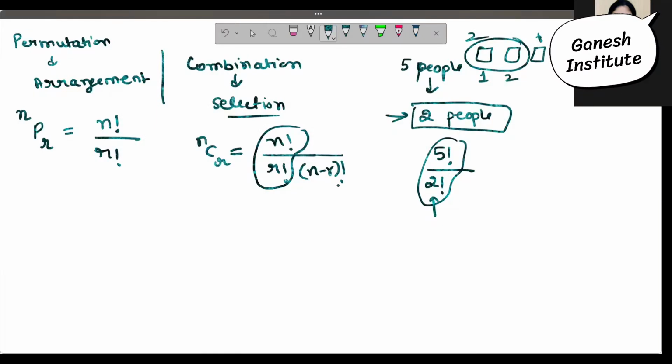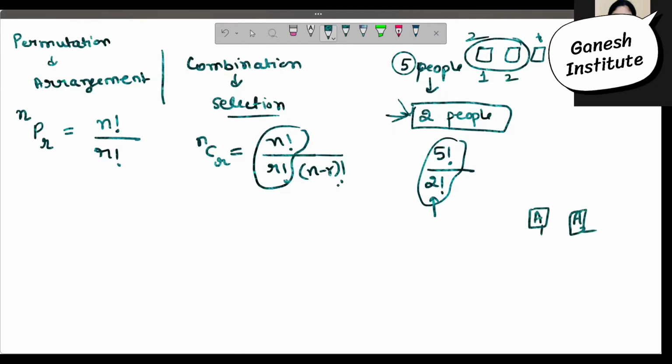You need to choose 2 people out of 4. But it also involves arrangement of those two, because those two are not the same. If I'm saying people, one is Akansha, one is Astha, but these two A's are not the same. One is A1, another one is A2. So I'm choosing, that is fine. I'm using 5C3. But why is permutation also required?